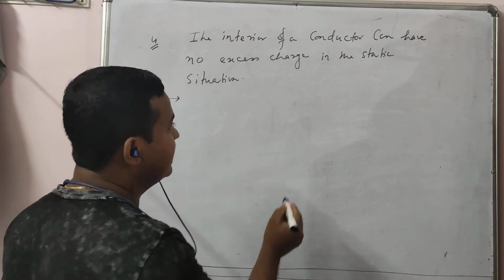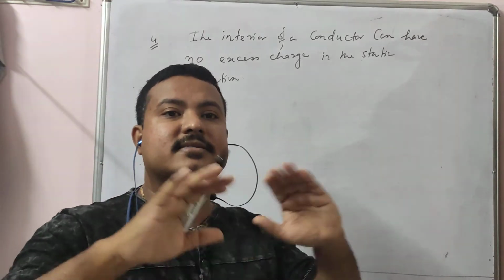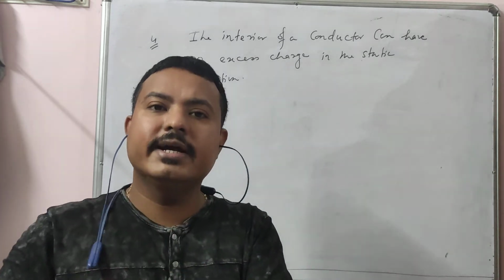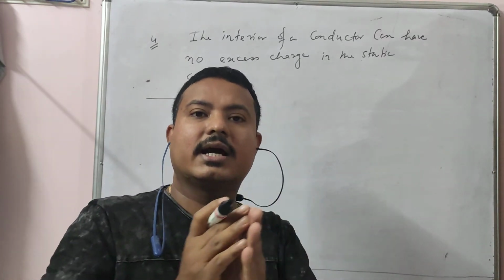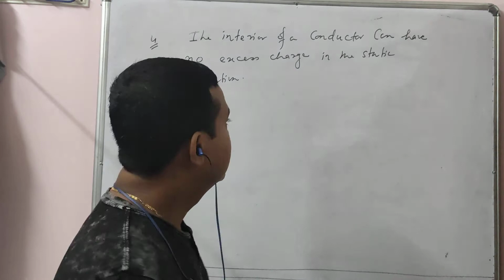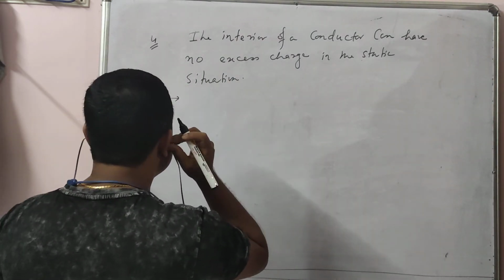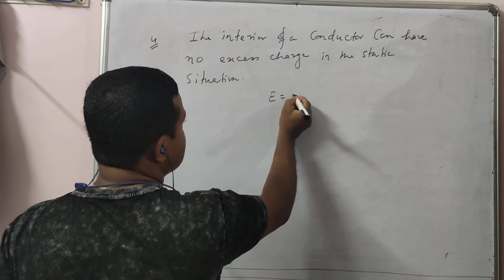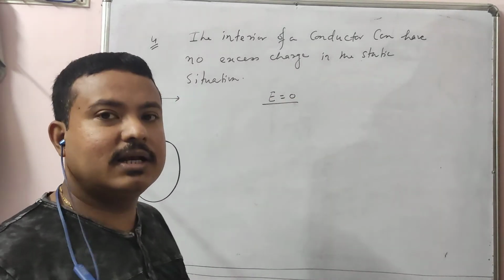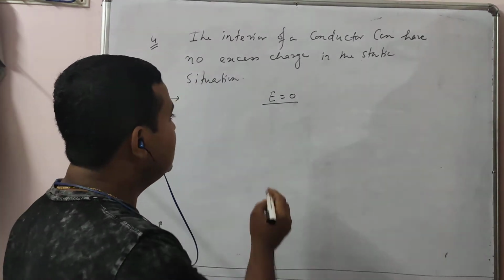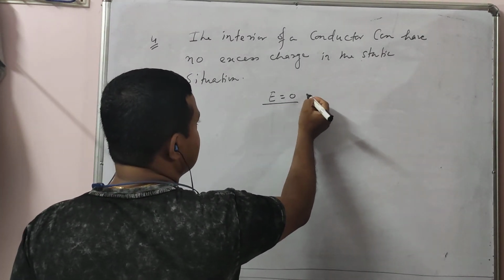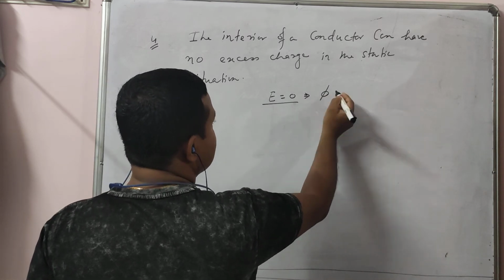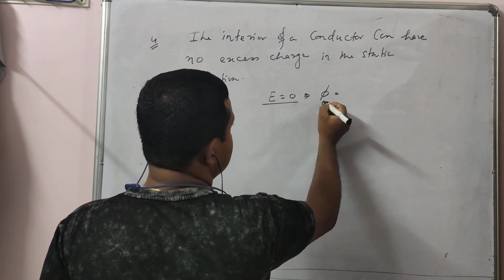Here it is given that inside a conductor there should not be any excess charge, means there must be an equal number of positive charges and negative charges, that is, charges of protons and electrons, and total charge must be 0. Now how can you explain? So already I have told you that inside a conductor the electric field is 0, that we know. Inside a conductor the electric field is always 0. Now if the electric field is 0, it means the electric flux linked to the sphere must be 0.